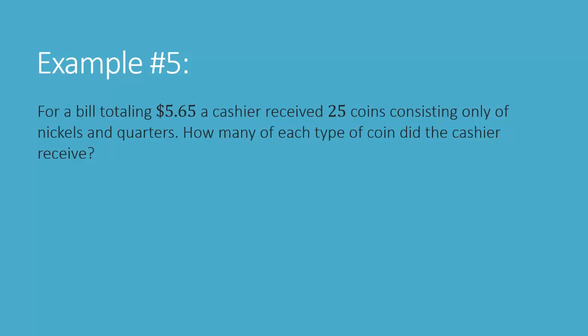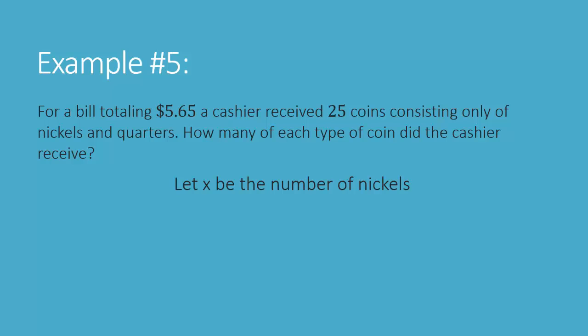Now, we have a bill totaling $5.65 that a cashier receives, and he gets 25 coins, all nickels and quarters. So how many of each coin does he receive? The first thing we need to do is assign our variable. In this case, we're going to let x be the number of nickels.